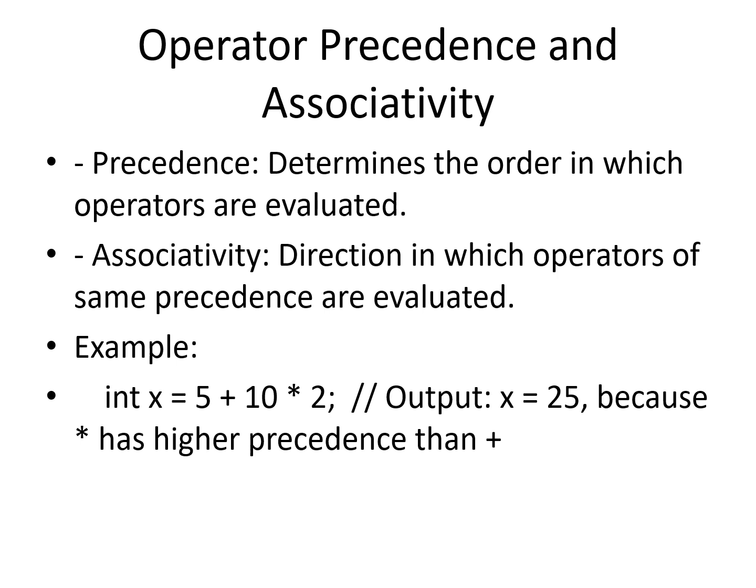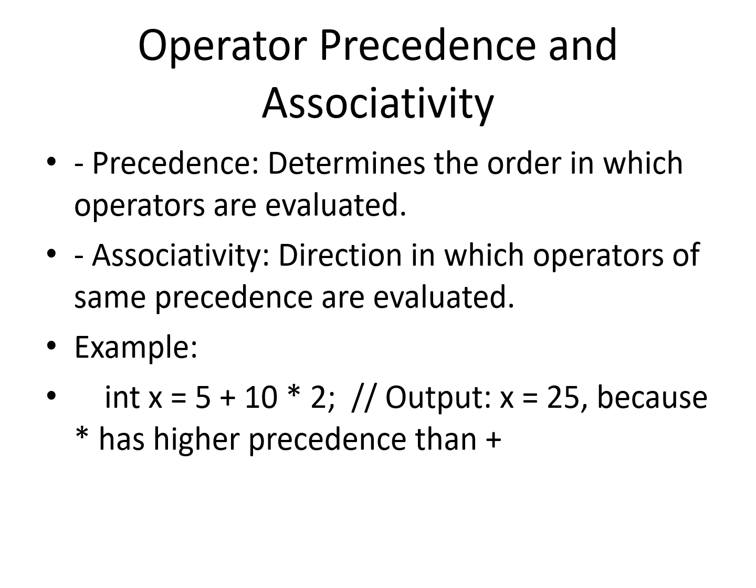The next topic is operator precedence and associativity. Precedence determines the order in which operators are evaluated. If there are plus, minus, multiply, divide, all the operators in an expression, which will be evaluated first? Associativity means if the operators have the same precedence, then in which direction they will be evaluated.